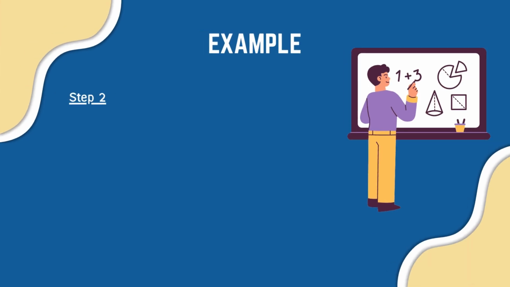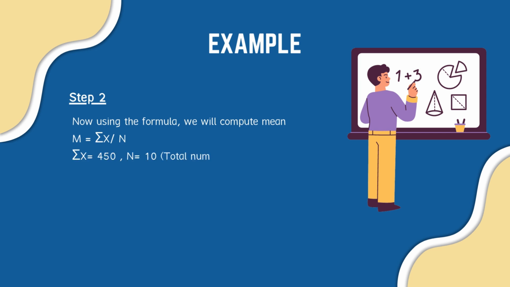In step 2, we have to use the formula. We will compute the mean with the help of the formula summation capital X divided by n, where n is the total number of data. Here we have a total of 10 data, as 10 students scored in the psychology test. So n is equal to 10 and summation X we have calculated is 450.